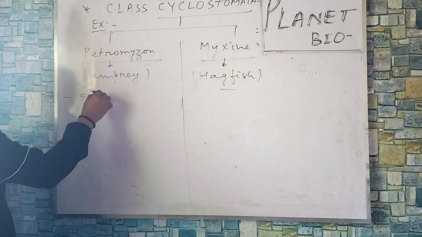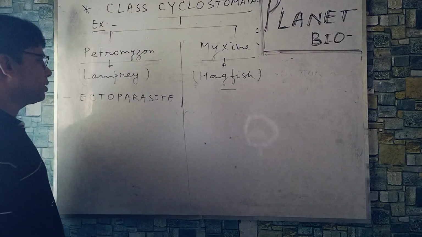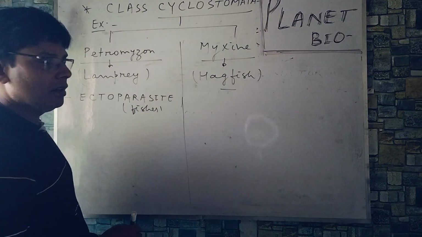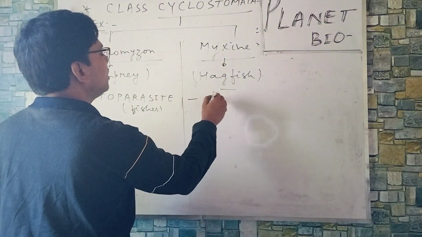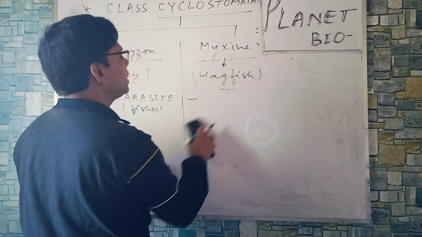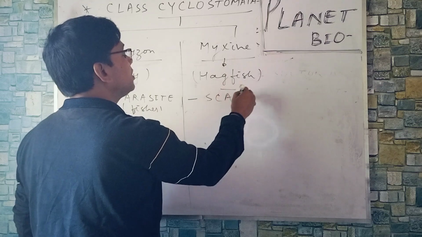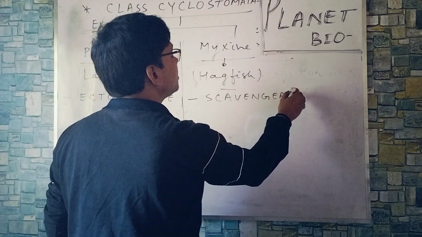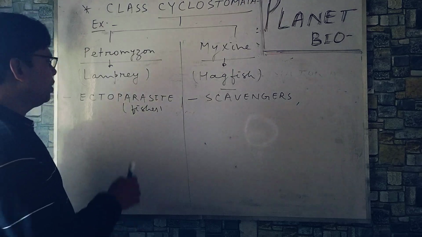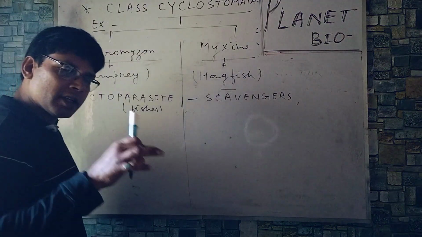Petromyzon is generally an ectoparasite on fishes, on jawed fishes.